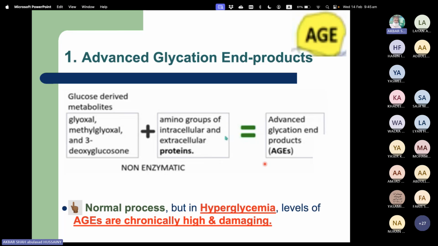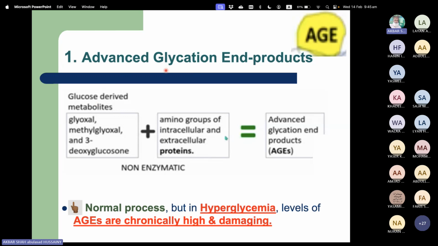It causes damage to the organs by three methods. First method is called advanced glycation end products. We call it AGE. By AGE, they cause the microangiopathies. This is a normal process.